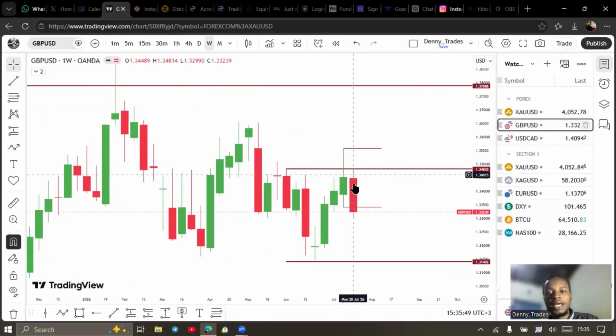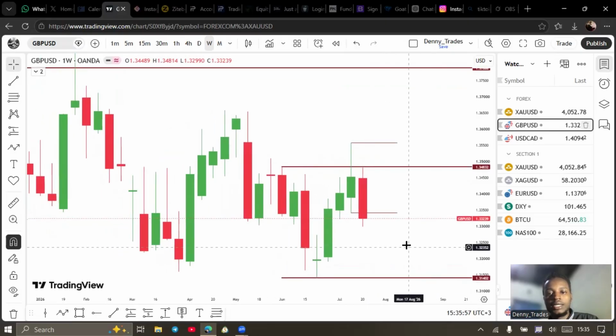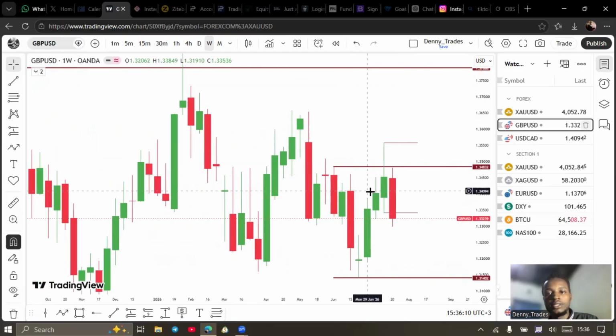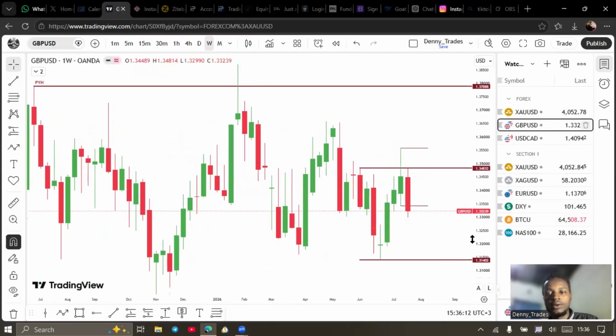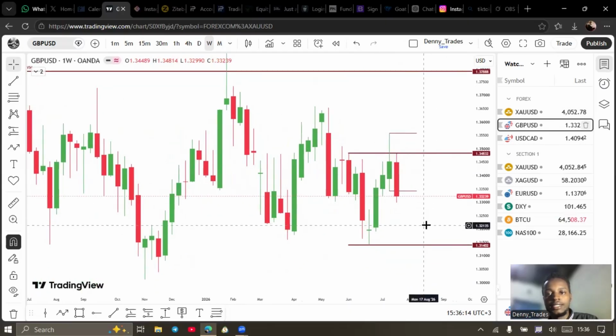And if our bias is bearish, it means we are anticipating that price is going to trade below previous week's low. Okay, but now to be able to anticipate whether this will be a bearish week, we must go and draw the key levels on the daily chart.